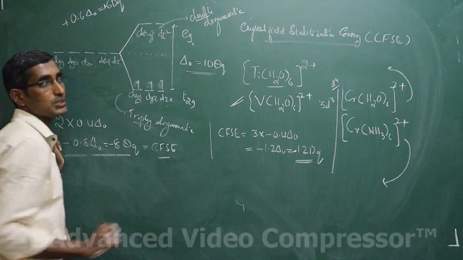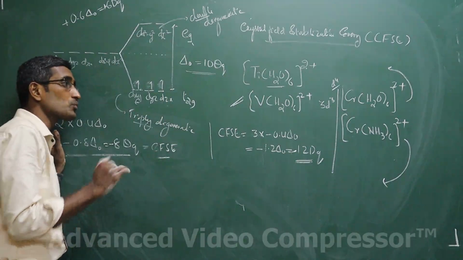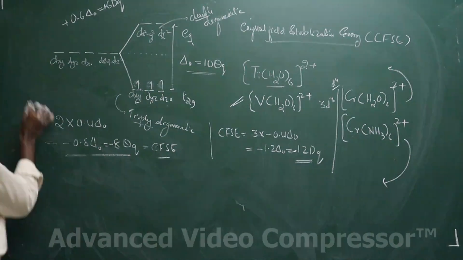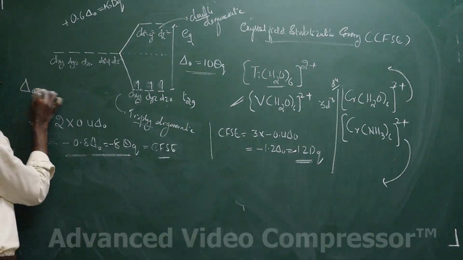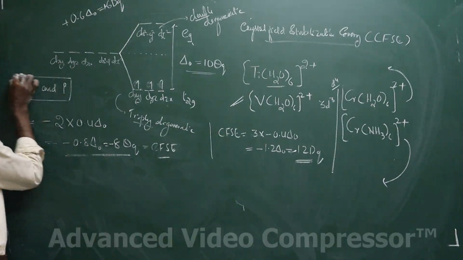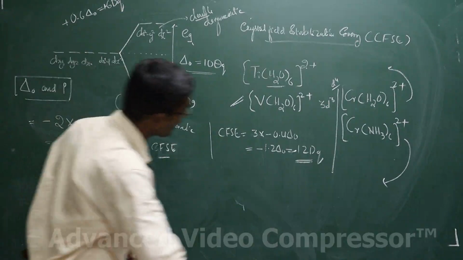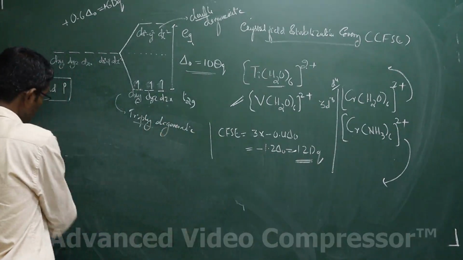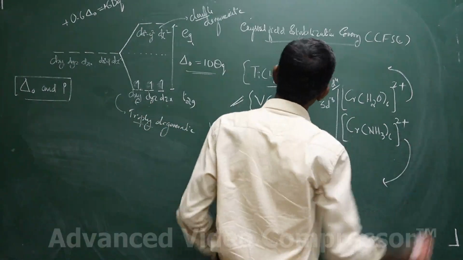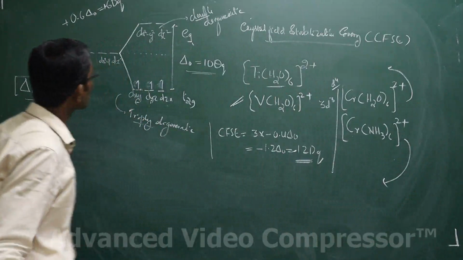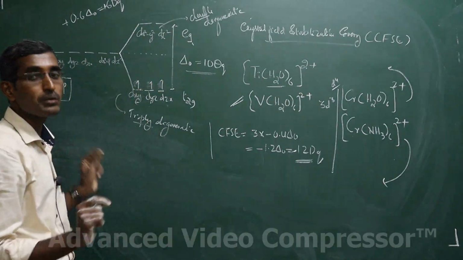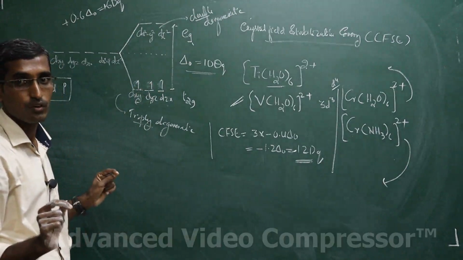So that all depends on, students, what is called our delta naught and the pairing energy P. These two will tell whether to put the electron on the Eg orbital, or whether it has to be paired on the T2g orbital itself.